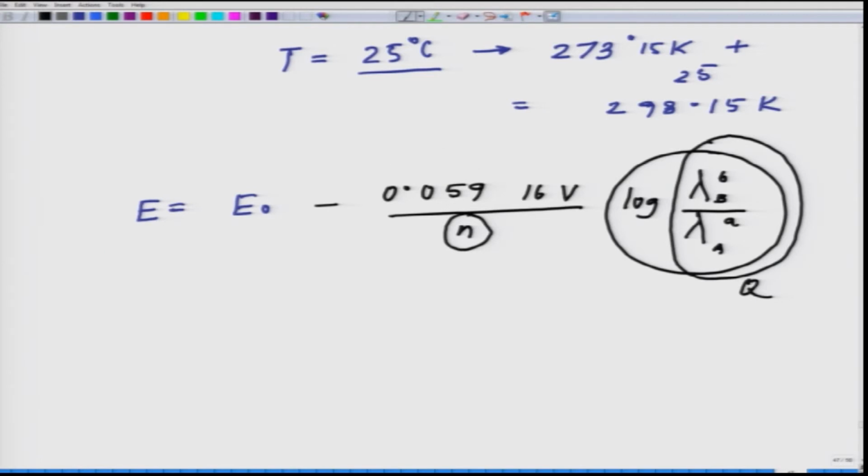Now, what is important here is to realize how this volt is being reached, and it could be reached in a very simple way.